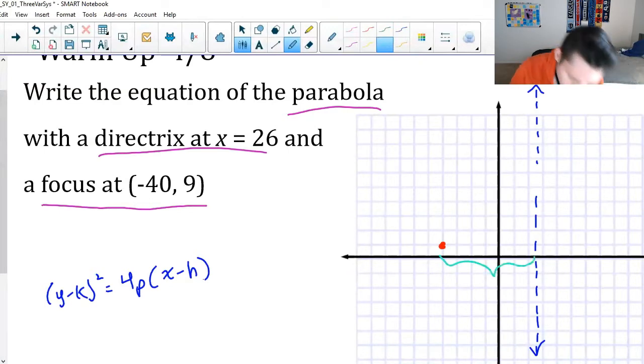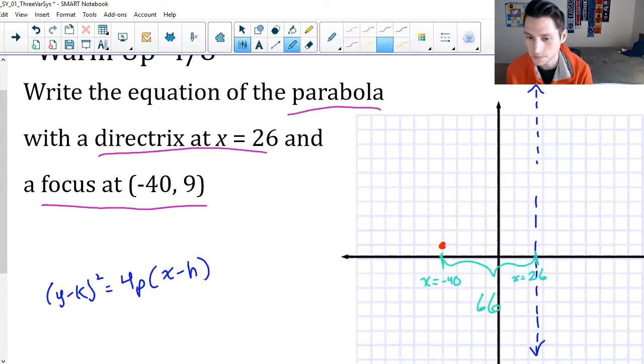Let's first think about the horizontal distance between the directrix and the focus. The directrix over here is at an x value of 26, and the focus over here has an x value of negative 40, so the distance between those is 66.